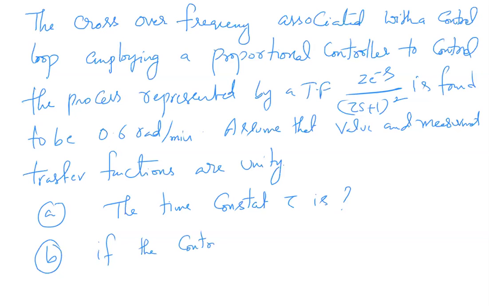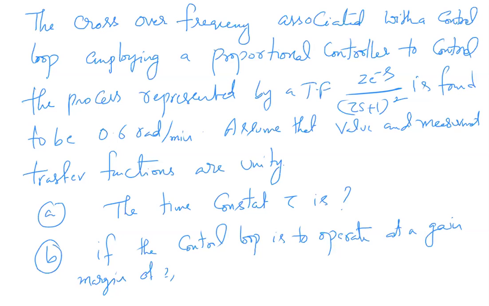If the control loop is to operate at a gain margin of 2, the gain of the proportional controller is?